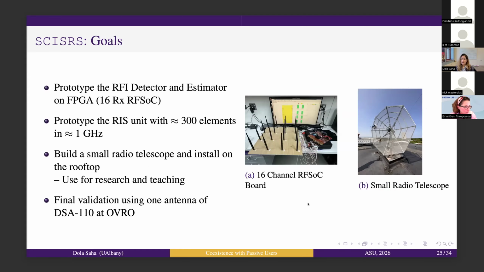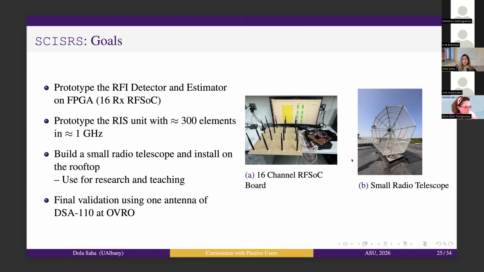So our goal, which is still partially done, not completely done, is to implement the whole process in real time. We have a 16-channel RFSoC, which is a Xilinx board with 16 input antennas, and these are placed in a URA, uniform rectangular array, where they are exactly separated for the 1090 megahertz frequency, because we are interested in 1090 megahertz.